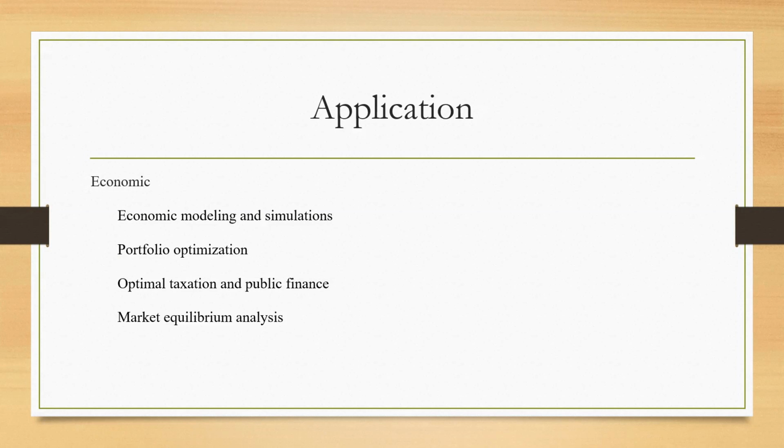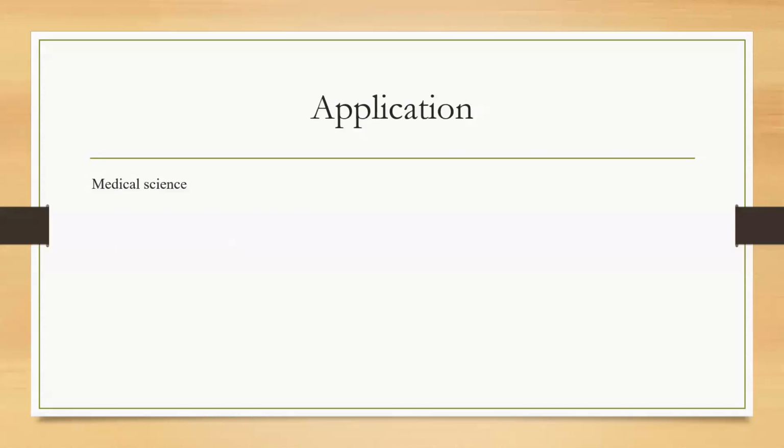And the Powell method is also applied in medical science. It is not commonly applied directly in medical science, but it can be used in certain areas of medical research and practice, like drug dosage optimization.